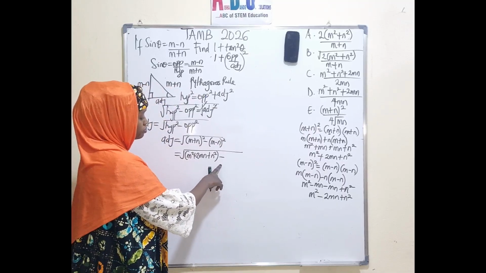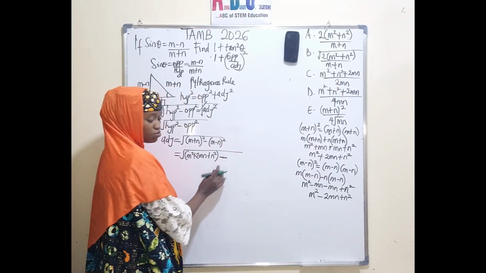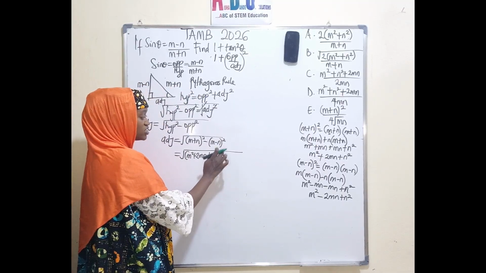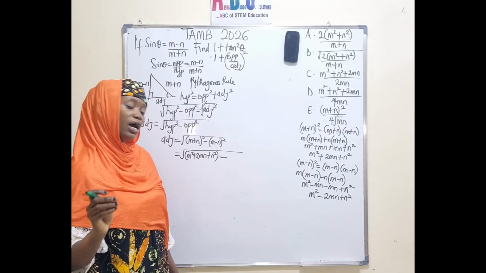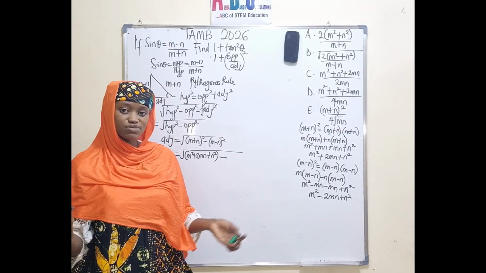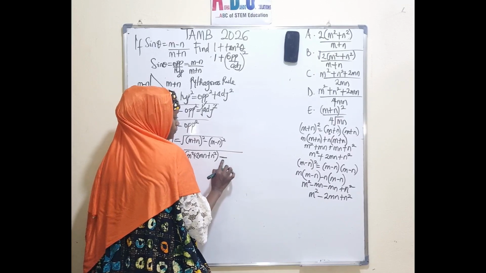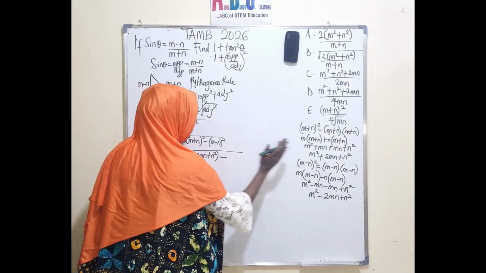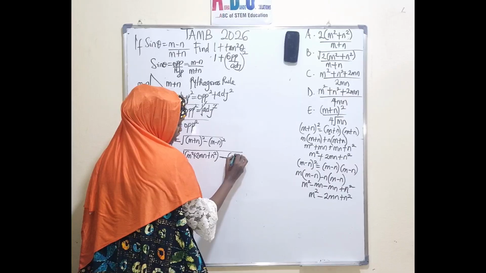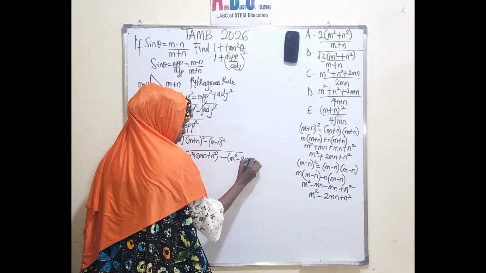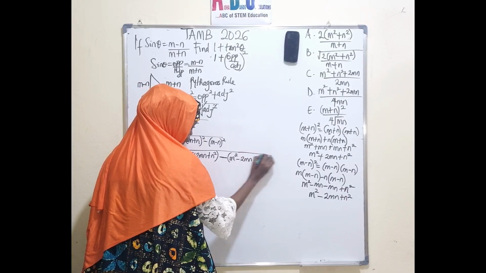So I've simplified this now. So I come back here to substitute. Remember, we have a negative symbol here. This negative symbol plays a crucial role here, and this is a common mistake students make. So be very careful when you get to this, okay? Because the negative sign here is going to affect all of the values we are going to input now. So we have m squared minus 2mn plus n squared.